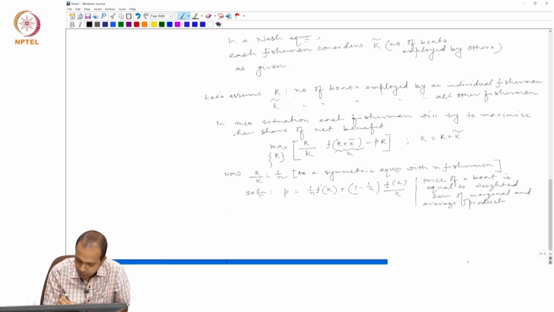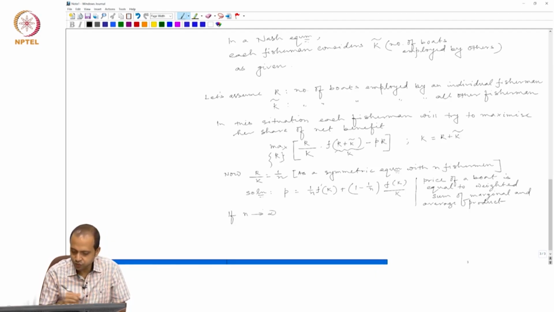Now, if n tends to infinity, what will happen? If n tends to infinity, then this 1 by n into f prime K becomes 0. In that case, P equals, what will happen? This is 0, so P would be f of K divided by K. So, this is the price equation.